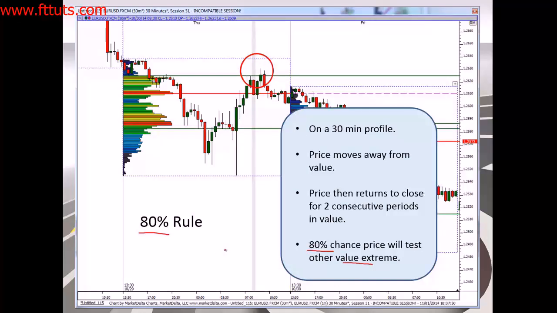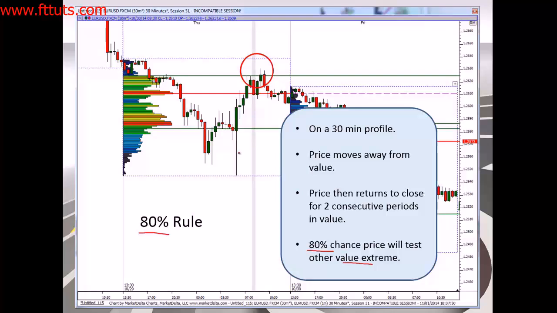Now remember, it is an 80% rule, not a 100% rule. And notice here also, because many market participants know about this 80% rule and can easily spot it, notice what happens. The market dips back lower and then shoots right back up again to really fulfill the 80% rule.